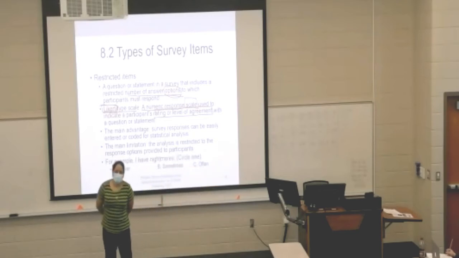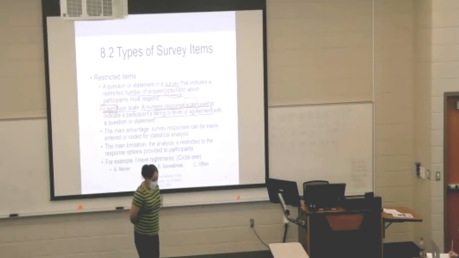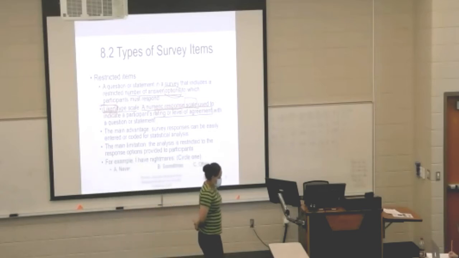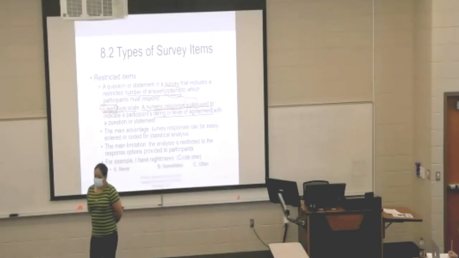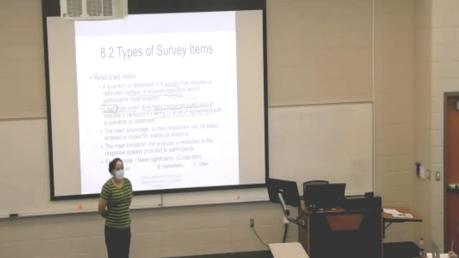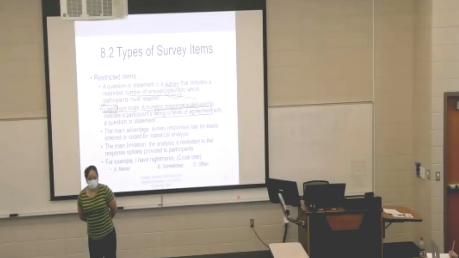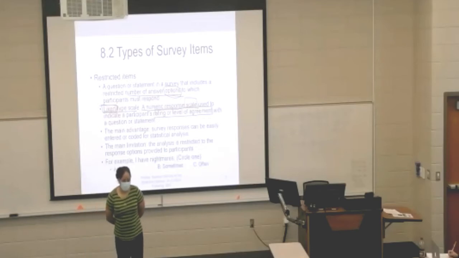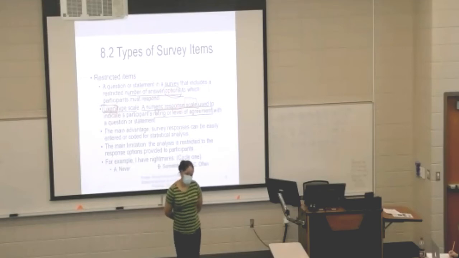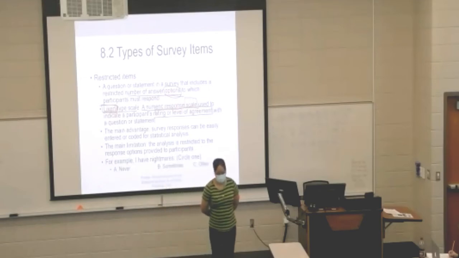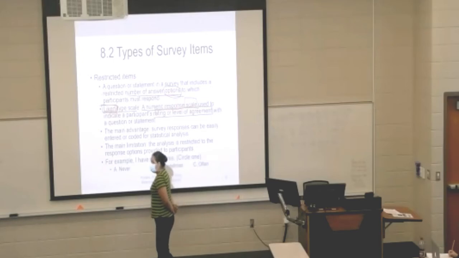So think about any survey you've ever conducted, and it will say something like, I really like the cheeseburgers in this one place, right? I strongly agree, somewhat agree, I am neutral about those burgers, I somewhat disagree, and I completely disagree. So notice that it's going to ask you about your opinion.